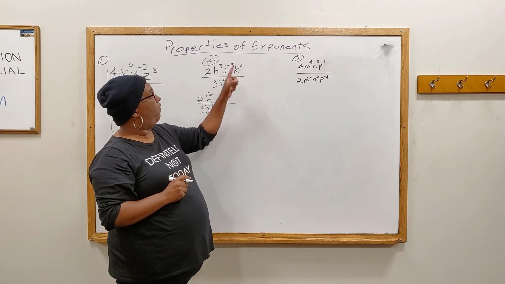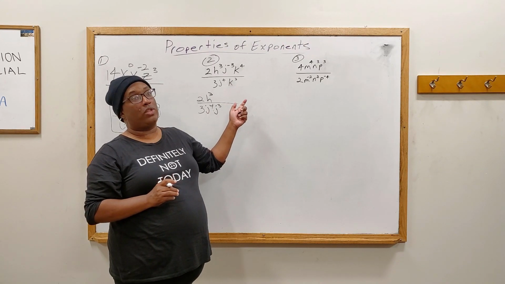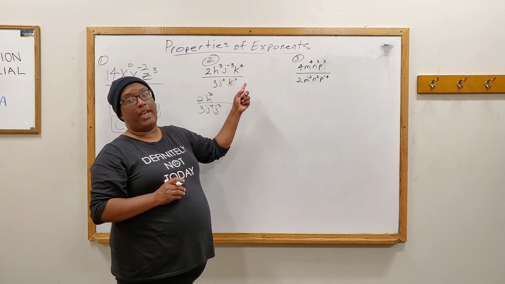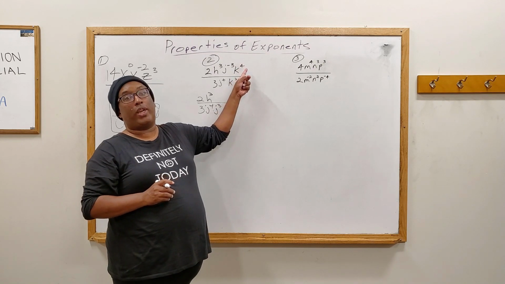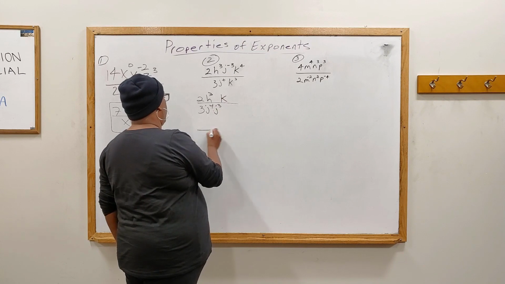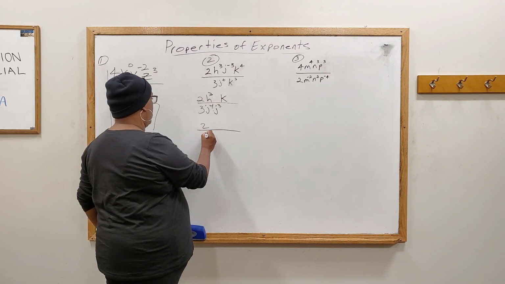Now we have k to the 4th and k cubed. I again ask the question, which one has more k's, the top or the bottom? The top has more k's. How many more k's? If it's 4 and 3, we have 1 more k, so it just becomes k. Now if we rewrite the final answer, we keep the 2 and the 3.